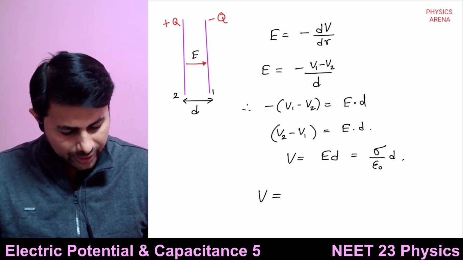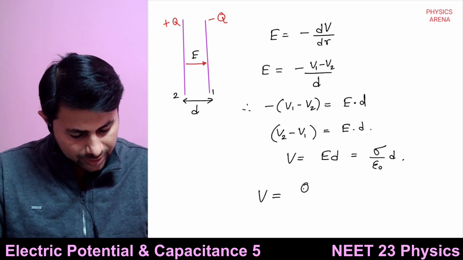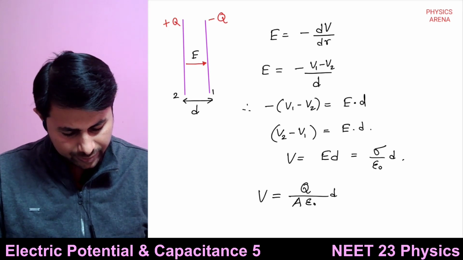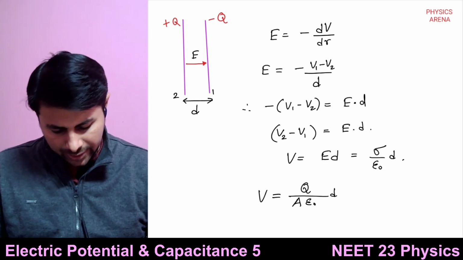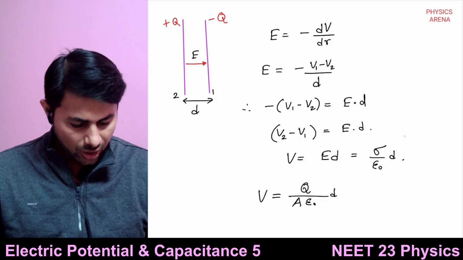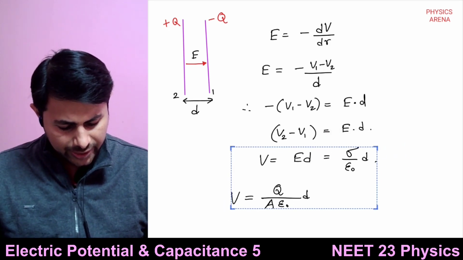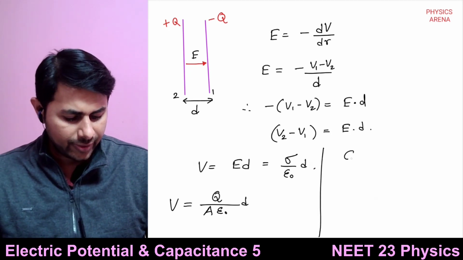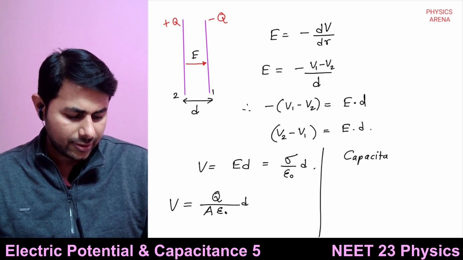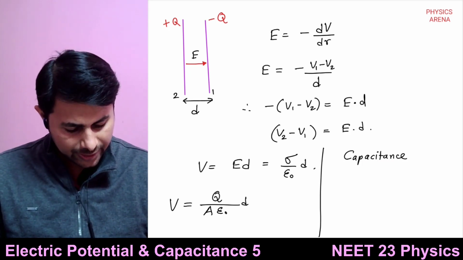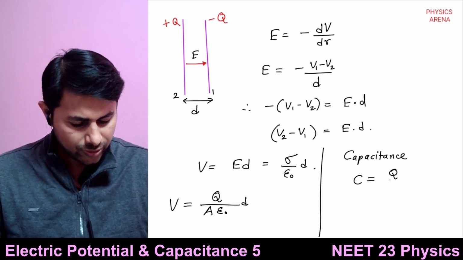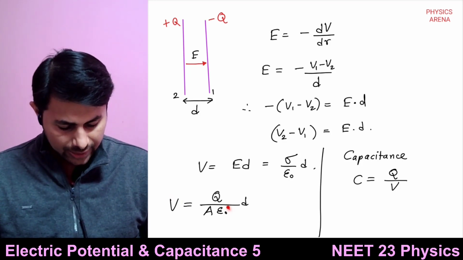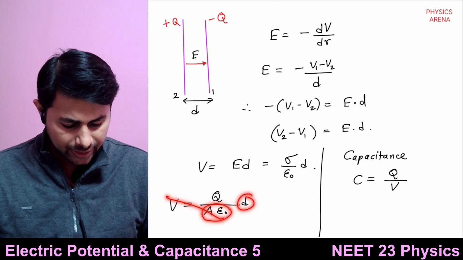So we can say V is equal to charge upon area times epsilon naught multiplied by D. Okay, and now we did all this to find out the capacitance, and therefore I can say the capacitance of a parallel plate capacitor, C, is equal to Q divided by V. So you move this V on the other side and this A epsilon naught on this side, D on this side.